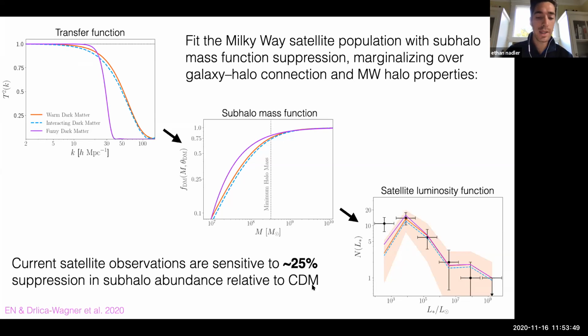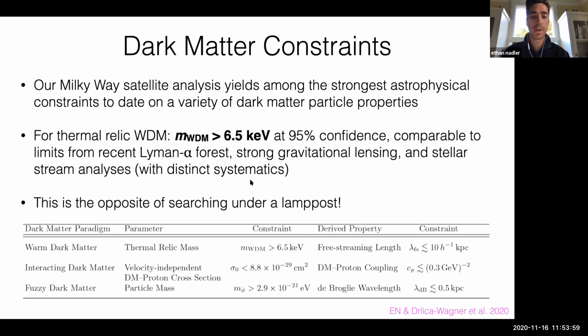The model independent way of stating the result is that current satellite observations are sensitive to roughly 25% suppression in subhalo abundance relative to CDM. And then in the context of specific models, this places constraints on the parameters governing the microphysics.